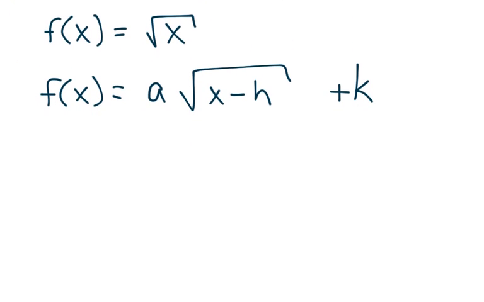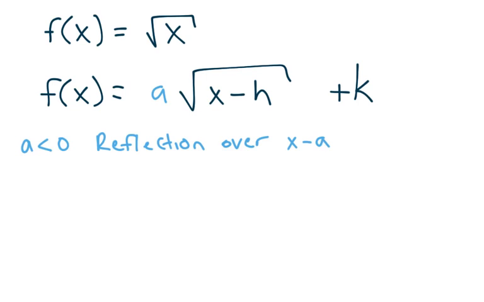Anybody remember what a does? It's our dilation, and our dilation is a vertical stretch or shrink. Or, I heard somebody say the R word, reflection. It's also the reflection. So I usually tell you guys, if a ends up being negative, so we say if a is less than 0, then it's a reflection over the x-axis.